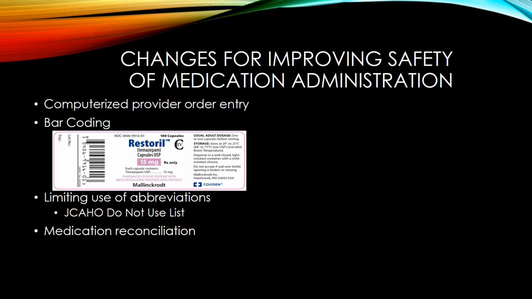We have to limit abbreviations and do medication reconciliation. So what that is, let's just walk a patient through. The patient comes into the hospital. We need to see what medications they are on in their home setting, and we prefer to see the actual medicines, if at all possible.